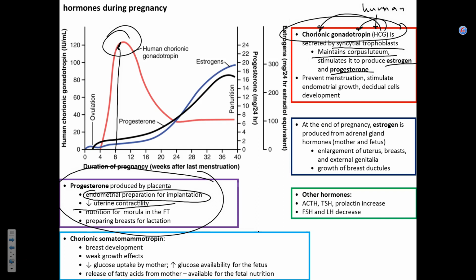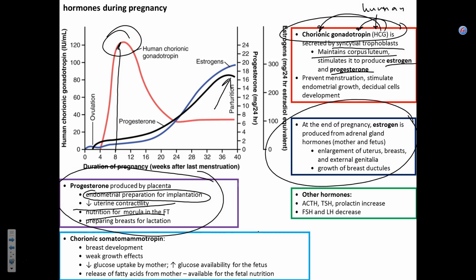That makes sense. It will also provide some nutrition for the developing blastocyst, and it will prepare the breasts. You can see that progesterone starts to decline closer to the end of pregnancy, because before actual delivery, before labor, uterine contractions should not be inhibited. They actually should be stimulated.